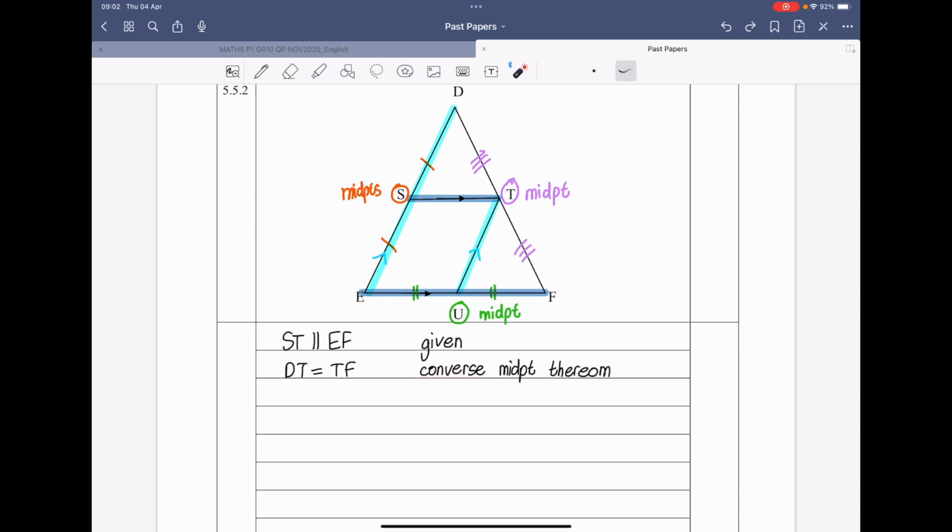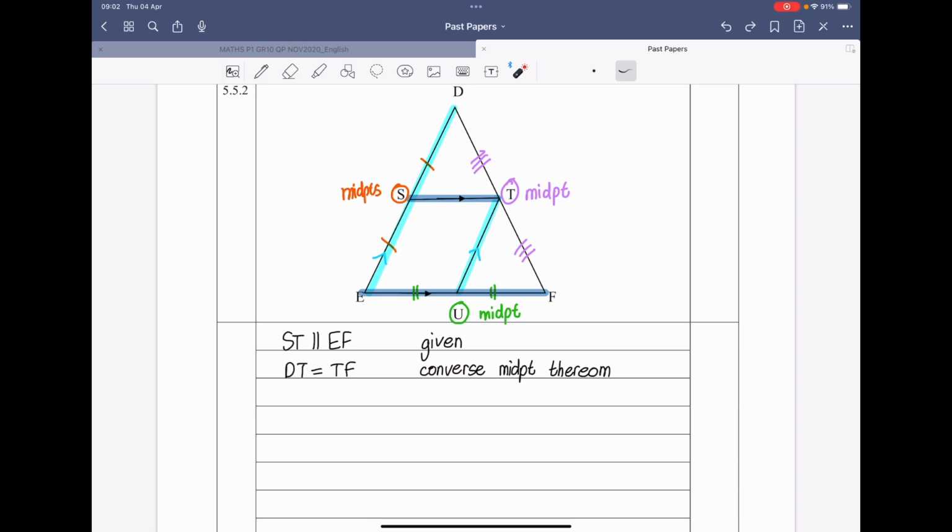The midpoint theorem says that if I was given two midpoints on the sides of the triangle and there's a line in between, then I can conclude that this line is parallel to the third line of the triangle. But what we did is that we already had one midpoint and we were told that these two are parallel, so we conclude that T is also a midpoint. So it's just using the midpoint theorem in the opposite direction.